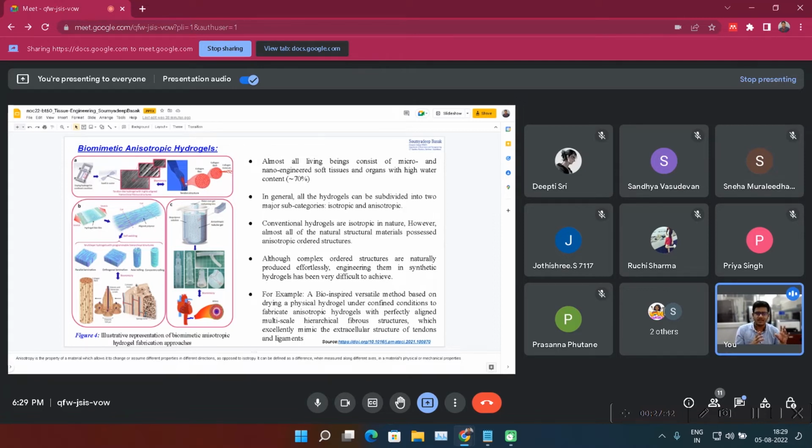We needed to create a more in vivo-like system. That's why we're studying ECM, natural polymers, and synthetic polymers, because we want to give the cells an in vivo-like system. So these biomimetic anisotropic hydrogel systems are being used, and with their anisotropic structures, they are giving the cells an environment that is much more in vivo.